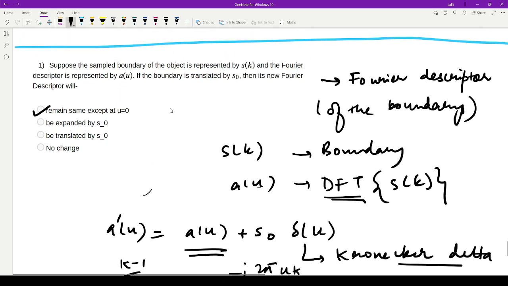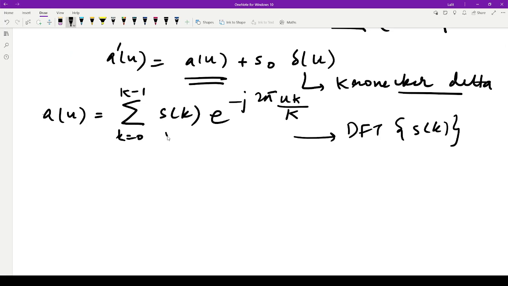What we have now is that the boundary is translated by s naught. I told you these are the pixel coordinates and not the intensity values.